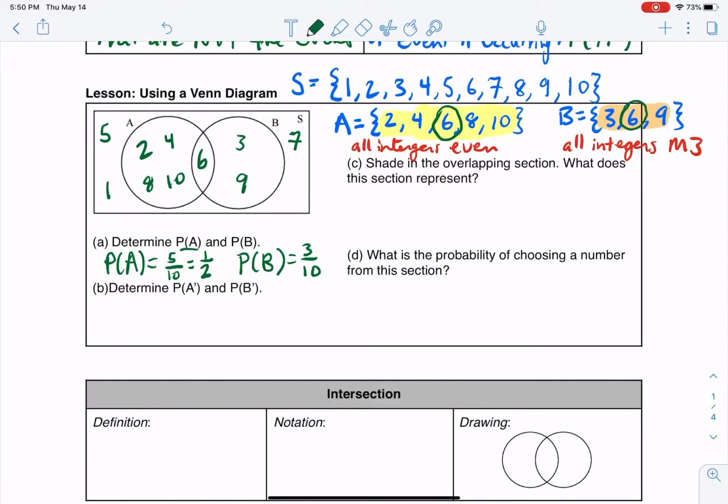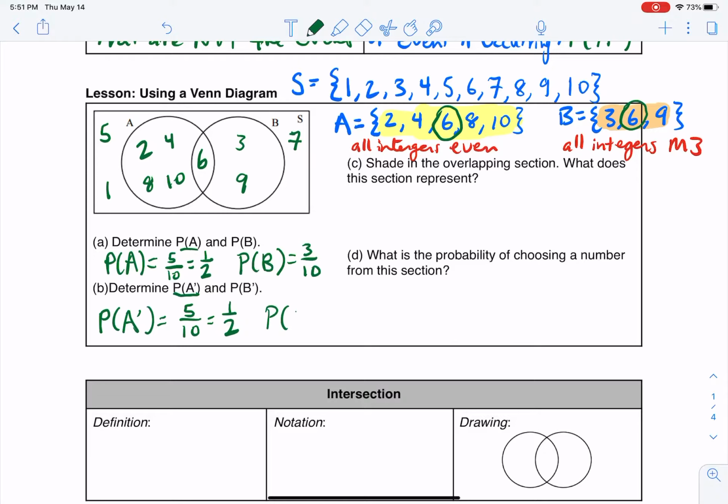Next we're asked to determine the probability of not A. That P of A with a dash means the probability of it not being A. Well, we have 5 things that are in A. What's not in A is 3, 9, 7, 1, and 5. So that is also 5 out of 10, or 1/2.